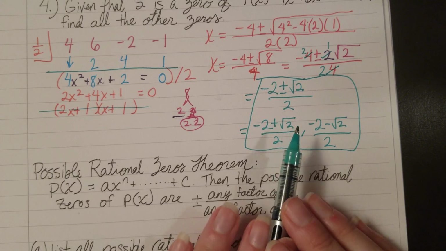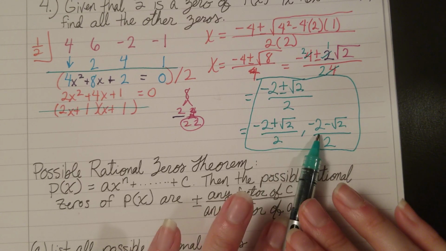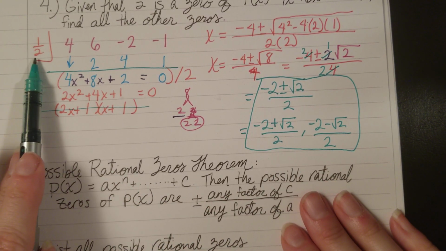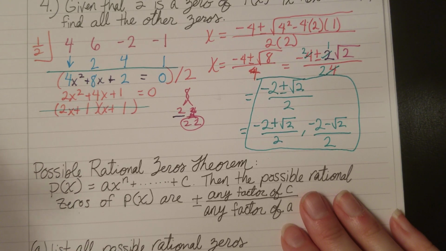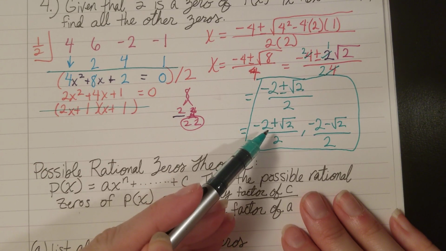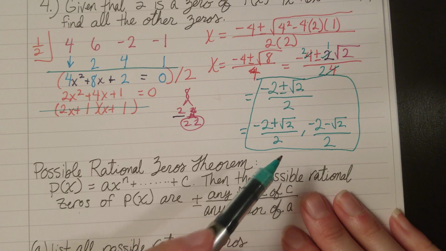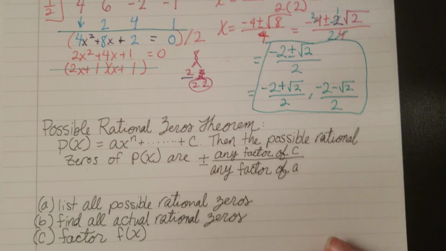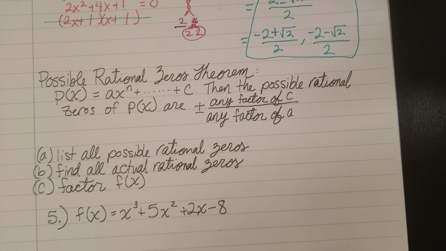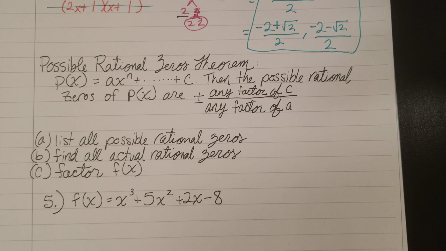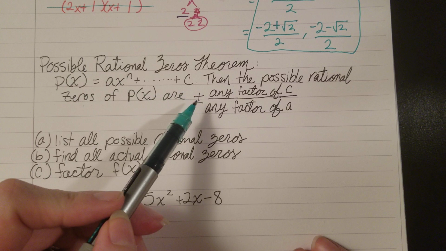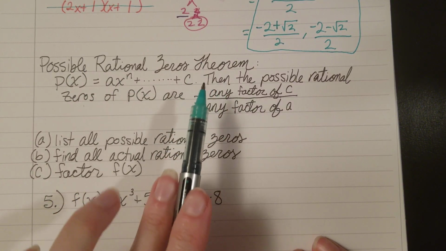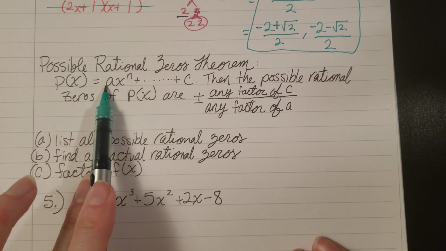So these would be non-rational. 1/2 is rational, because it's an integer over an integer. This can't be written as just an integer over an integer. So this is used to come up with a finite list of possible rational zeros. It's plus or minus any factor of C over any factor of A.